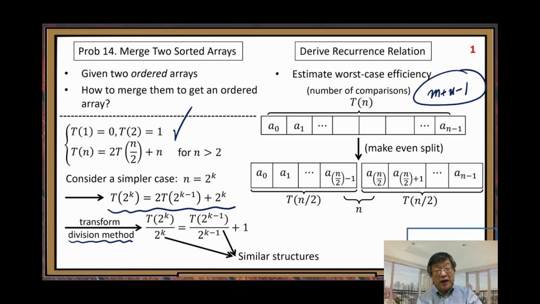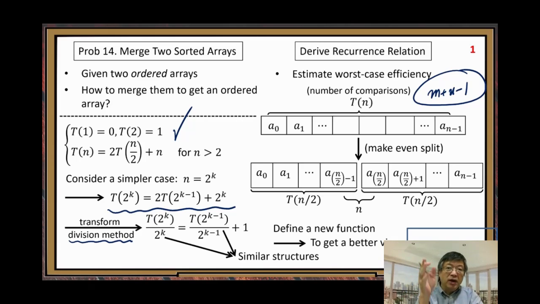All right, so next, we want to solve this new recurrence relation. But we want to get a better view of it. We would like to define a new function. Why do you want to introduce a new function? The reason is we want to get a better view. So how to introduce the new function? Pretty straightforward.